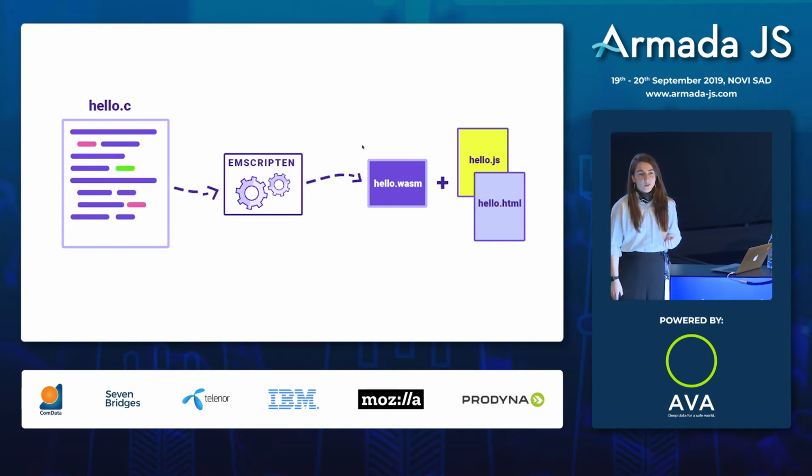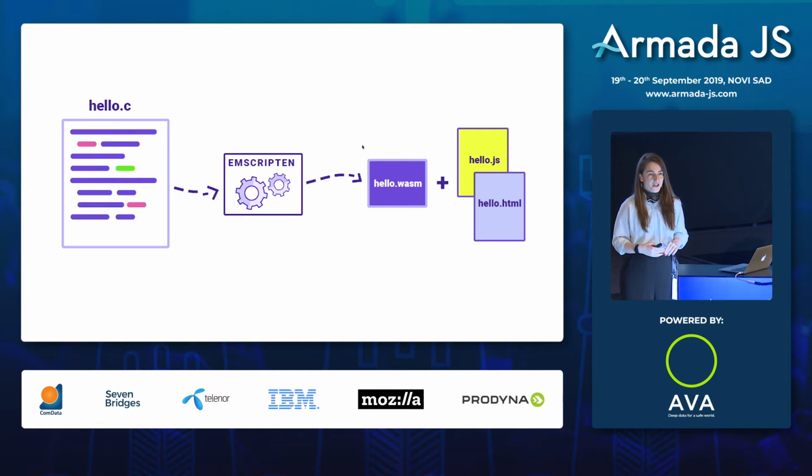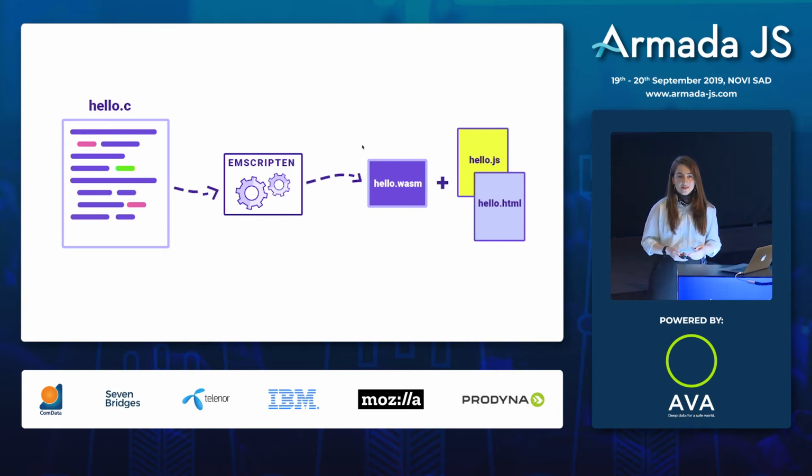Even to display the output of your program on a web page, you have to go through JavaScript. So Emscripten sets up the boilerplate code that will enable you to communicate with your page. And then the boilerplate code is loaded in an HTML file. And the output of your program is displayed in a canvas or a text area element.